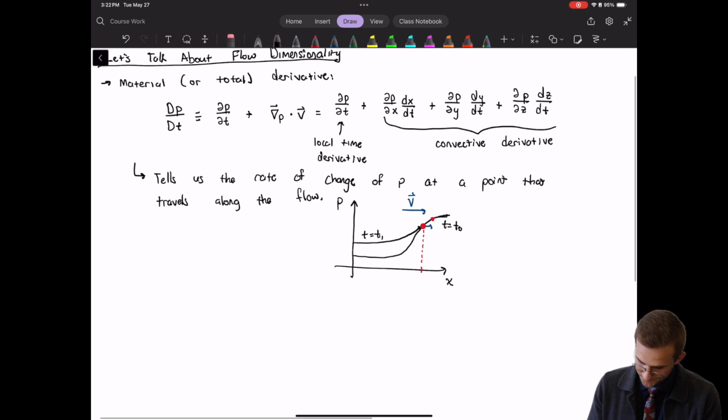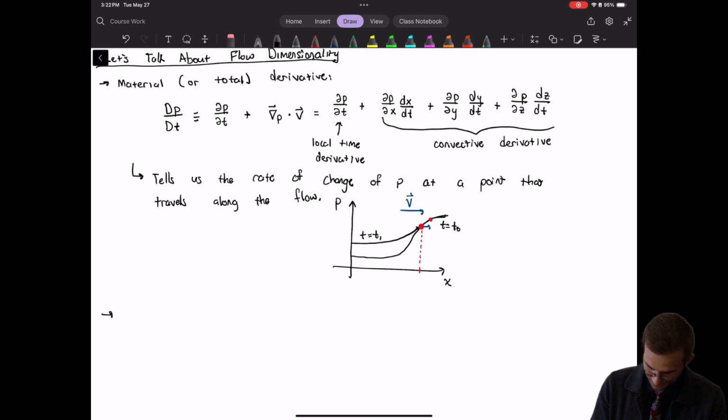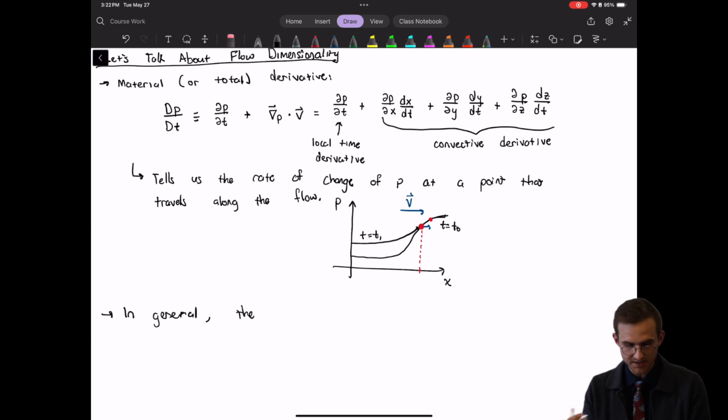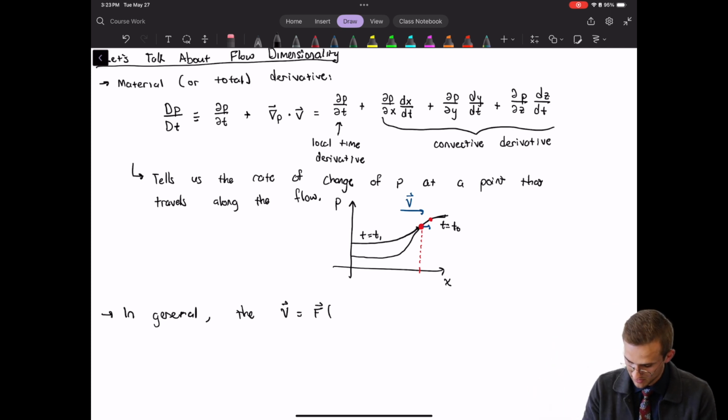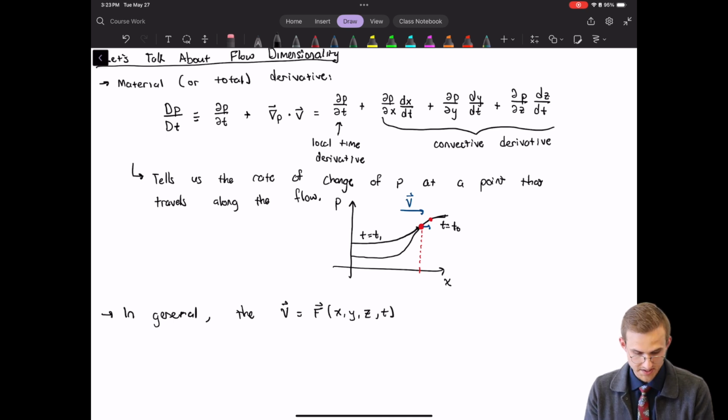Okay, so in general, the velocity field of the flow velocity is itself a function of all three dimensions and time, right? It's a function of x, y, z, and time.